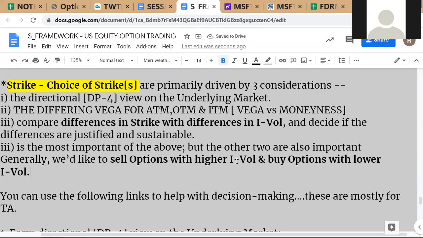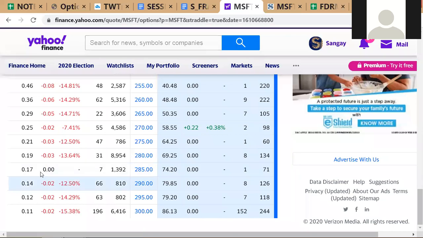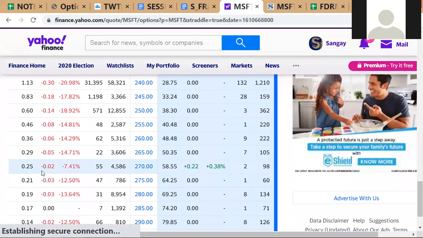Higher eyeballs means higher prices and lower eyeballs means lower prices. Remember, when determining whether options are cheaper or more expensive, we don't look at the absolute premium. What you don't get in the Yahoo Finance display is these call option premia, put option premia, but you don't get to see the eyeballs.